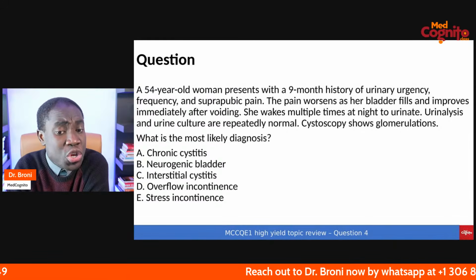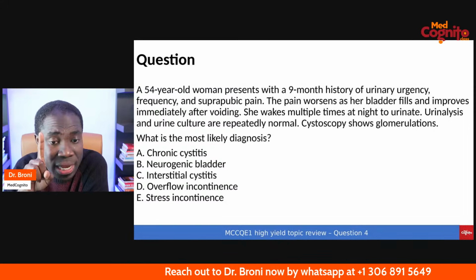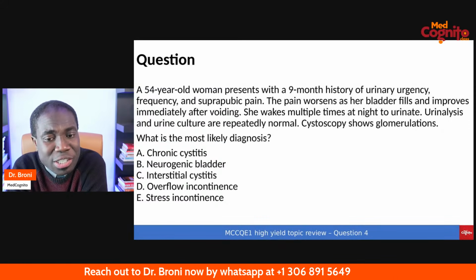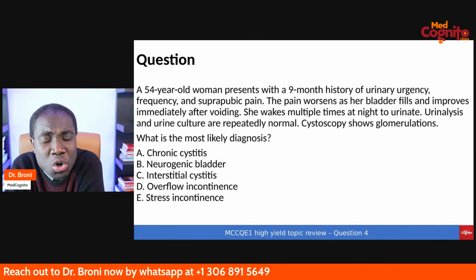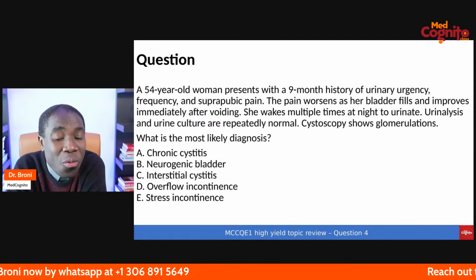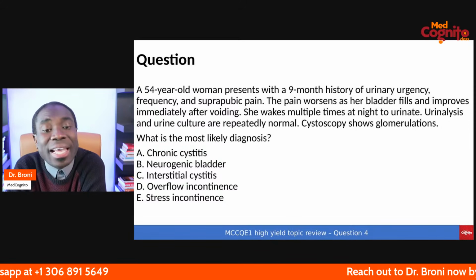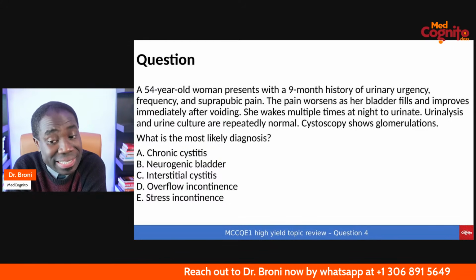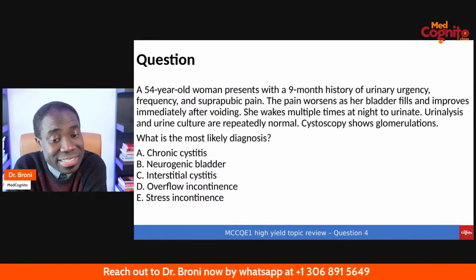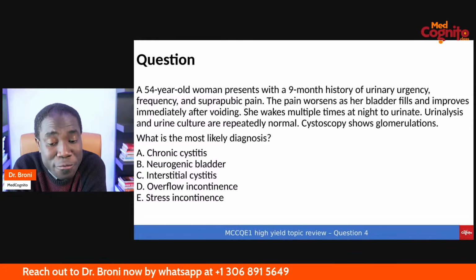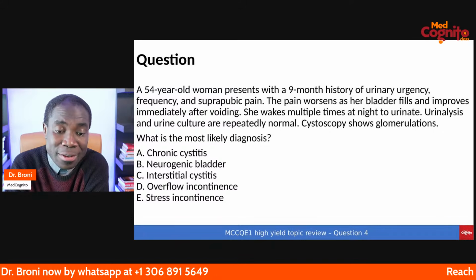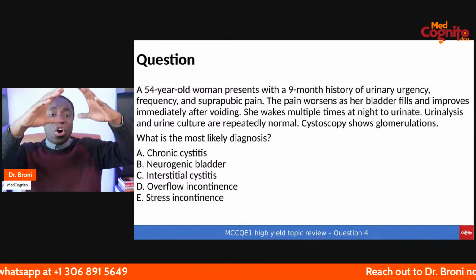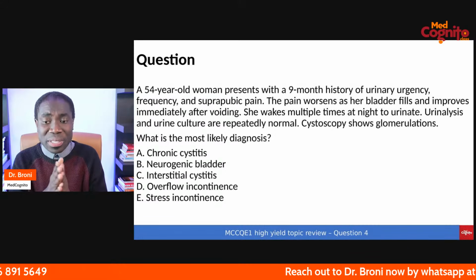Urinalysis and urine culture are repeatedly normal. Cystoscopy shows glomerulations. What's the most likely diagnosis? A, chronic cystitis. B, neurogenic bladder. C, interstitial cystitis. D, overflow incontinence. And E, stress incontinence. So with all that we've learned today, now we are putting everything together.